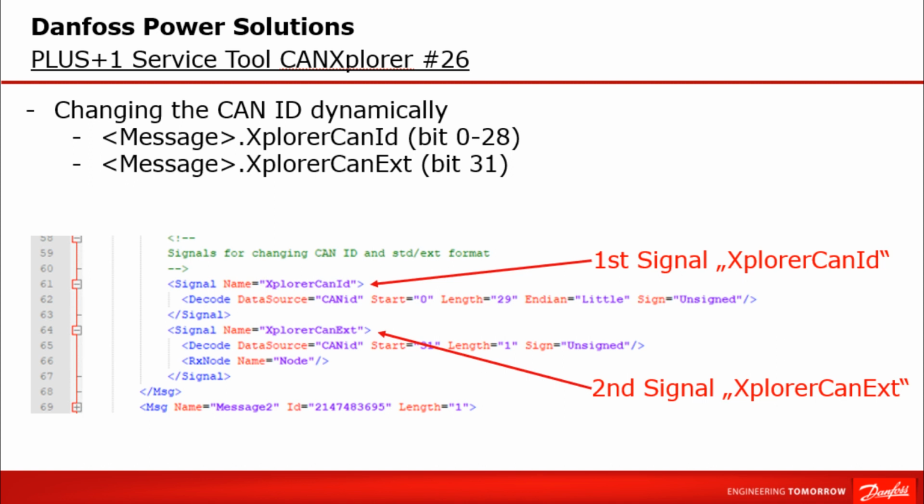The first signal, called Xplorer CAN ID, is the first of 2 available parameters for the CAN ID, with a length of 29 bits starting from bit 0. And the second signal, called Xplorer CAN extension, is the second of 2 available parameters for the CAN ID, with a length of 1 bit starting from bit 31.